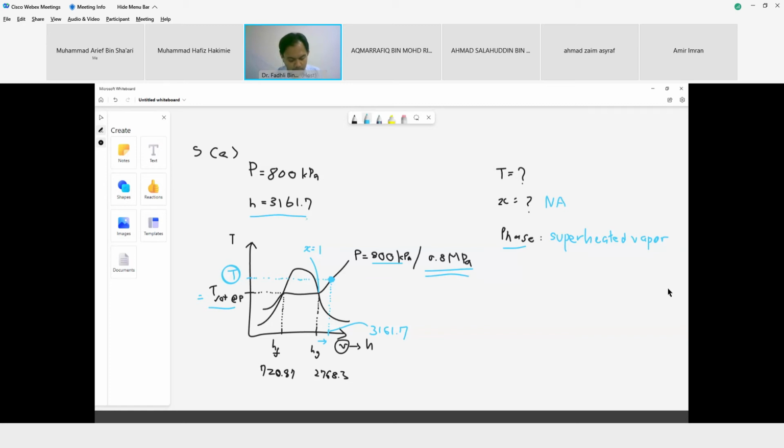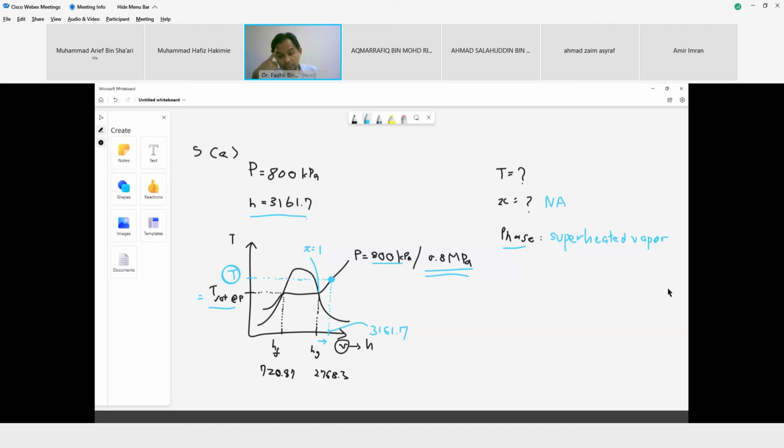Untuk kolom 0.8 megapascal, the first value of enthalpy is 2768.3, sehinggalah nilai tertinggi 5412.2. Jangan tengok kolom lain.